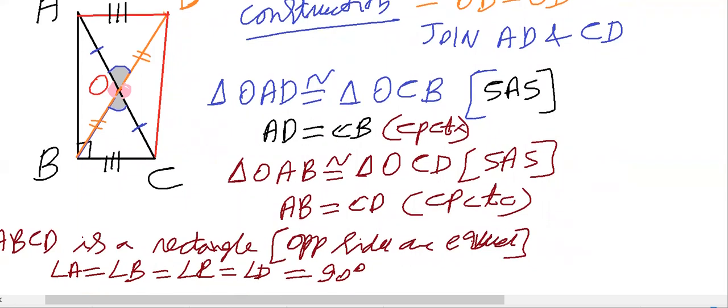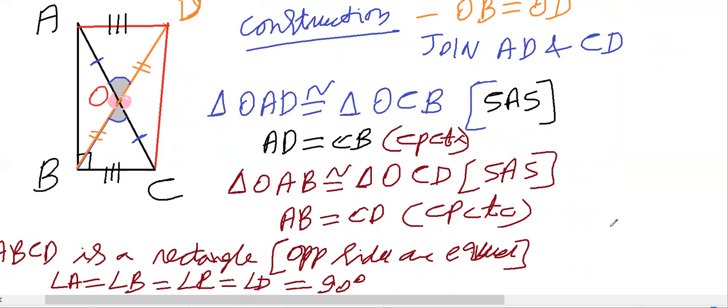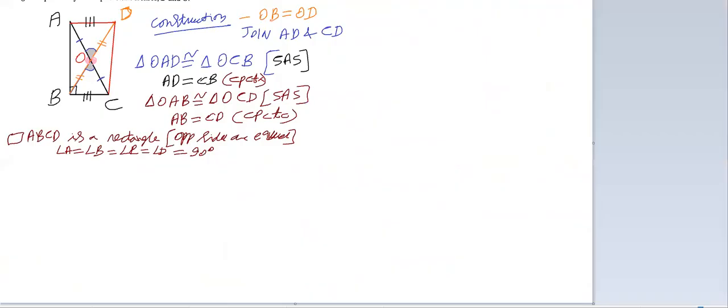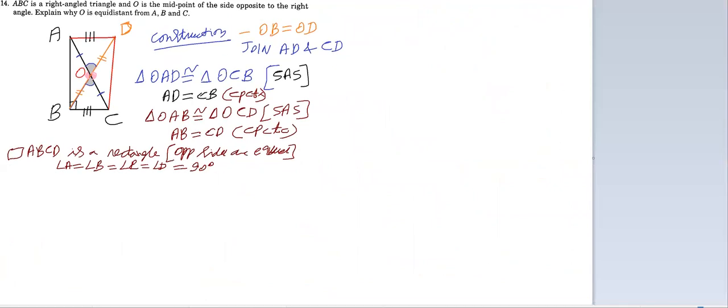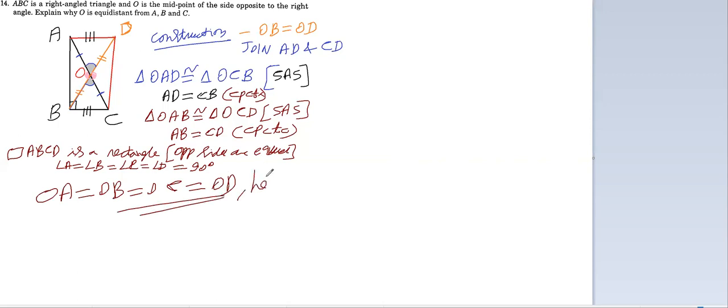So when I say diagonals bisect each other, I can easily say that OA is equal to OB. What I can say? I can say OA is equal to OB is equal to OC is equal to OD. Okay, hence proved. Understood or not? Understood, sir. Okay.